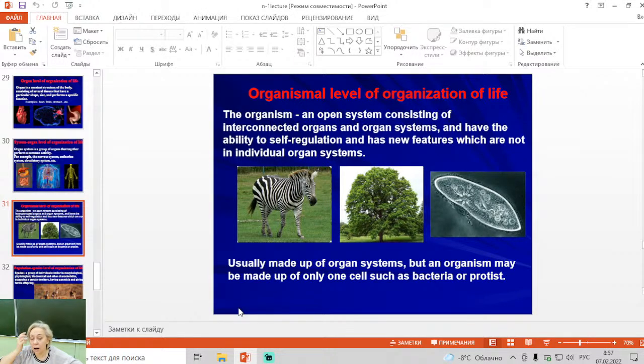Next level, the organismal level of organization of life. The organism is an open system consisting of interconnected organs and organ systems and has the ability of self-regulation and has new features which are not in individual organ systems.